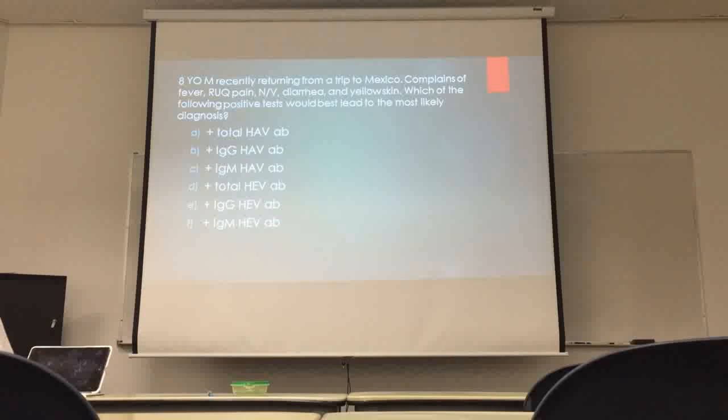What is HEV classically associated with? Like a patient population? Pork. Immunocompromised, I thought. Yes, immunocompromised, that's one thing. What else?